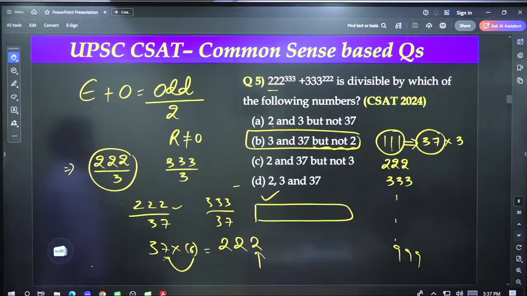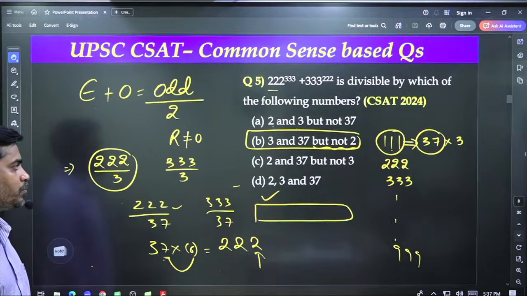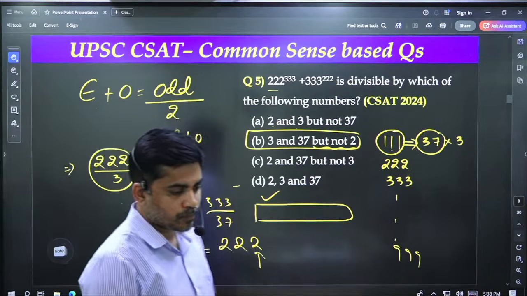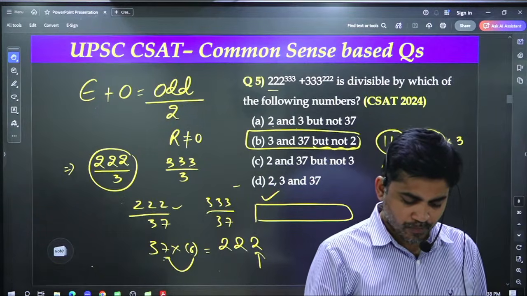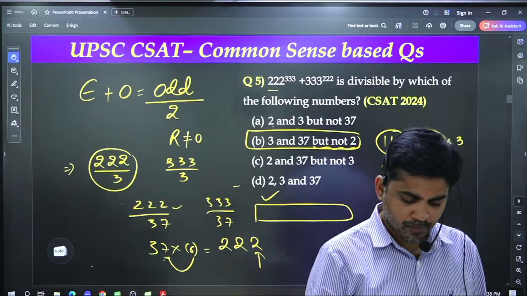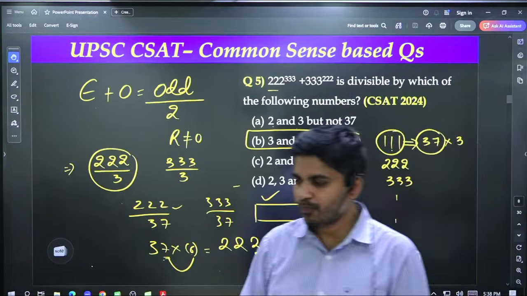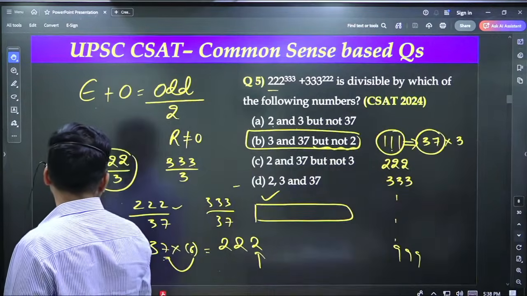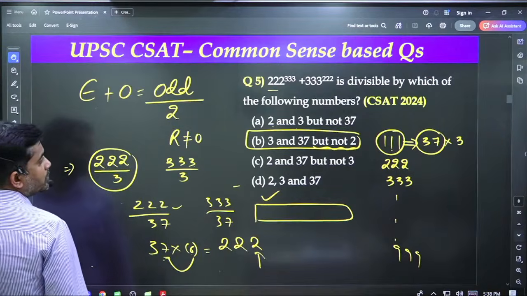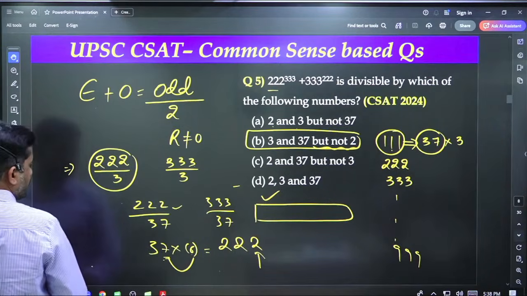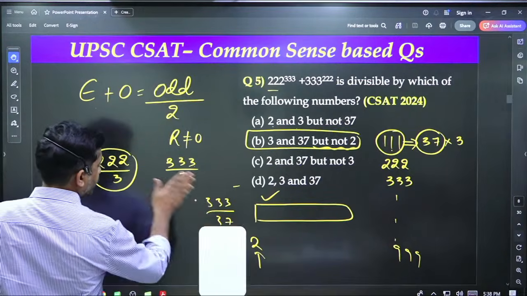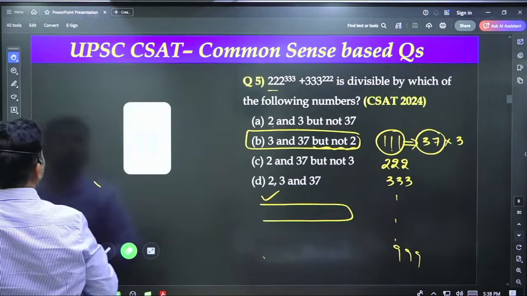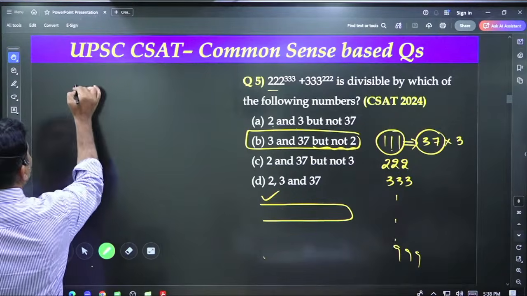Okay. In 2025 paper, finished everyone? Yeah, please.